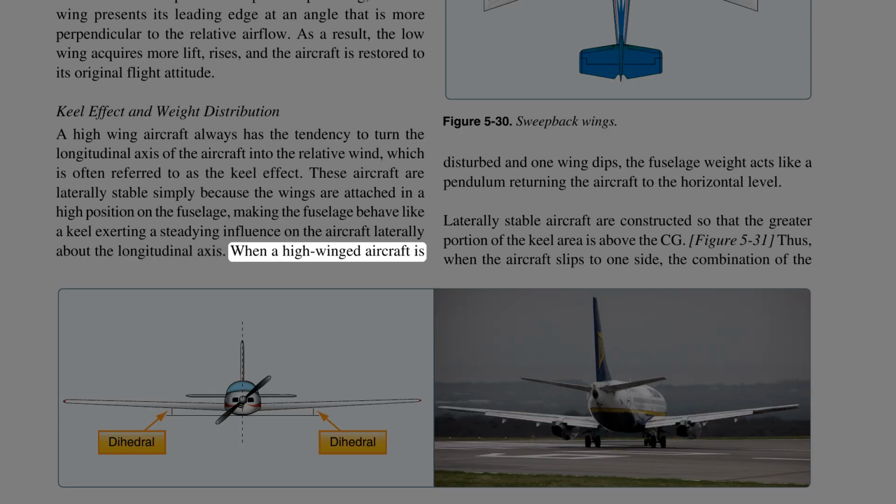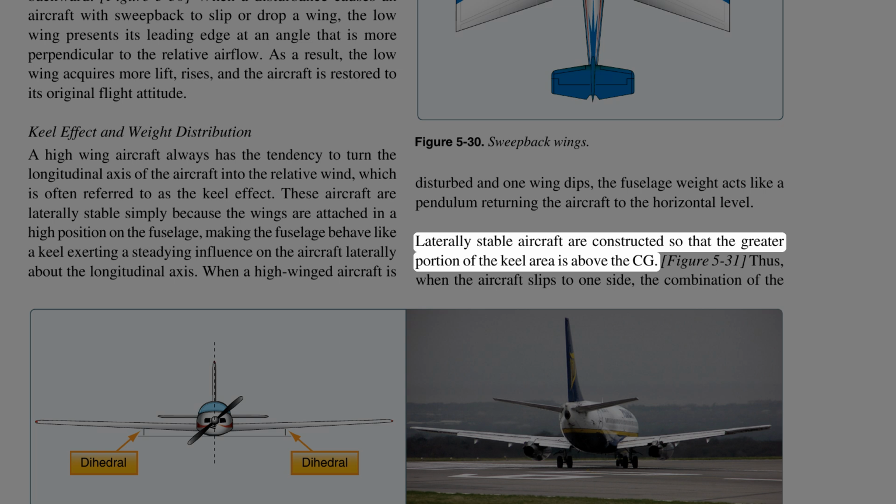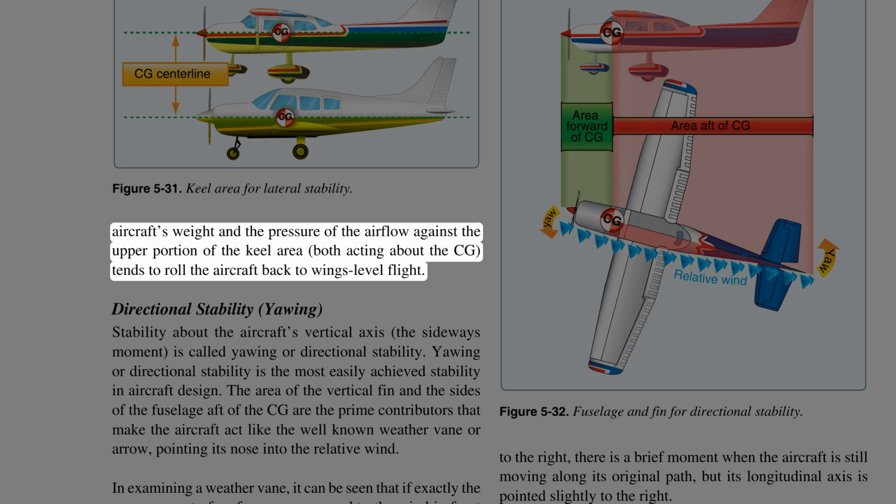When a high-winged aircraft is disturbed and one wing dips, the fuselage weight acts like a pendulum, returning the aircraft to the horizontal level. Laterally stable aircraft are constructed so that the greater portion of the keel area is above the CG. Thus, when the aircraft slips to one side, the combination of the aircraft's weight and the pressure of the airflow against the upper portion of the keel area, both acting about the CG, tends to roll the aircraft back to wings level flight.